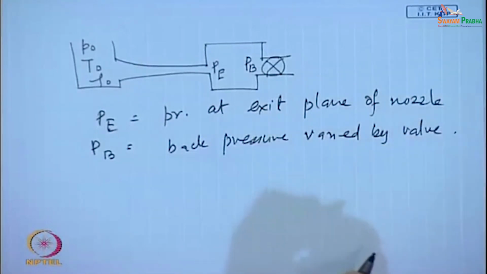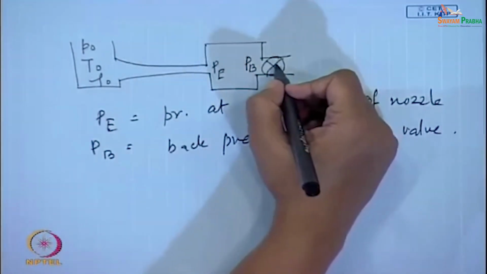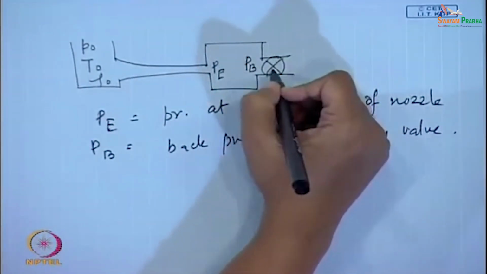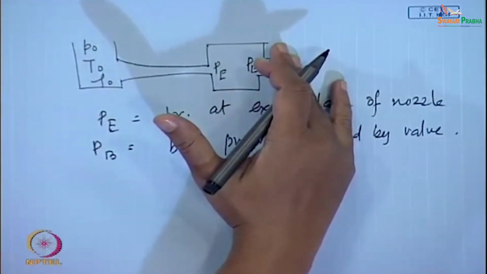Now, let us see what happens. So, initially this valve is closed and the entire system is at a constant pressure, no flow occurs under that condition, right.